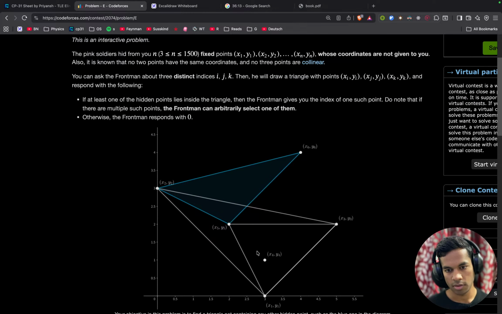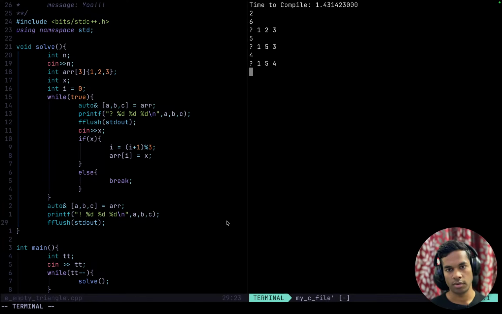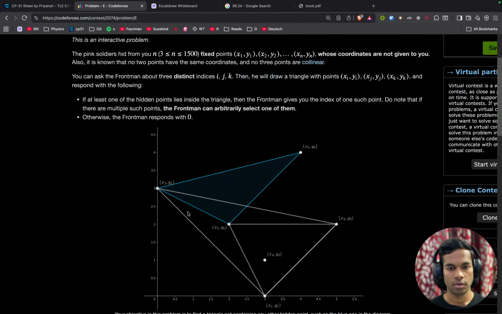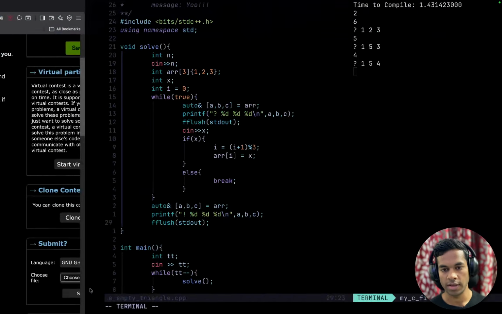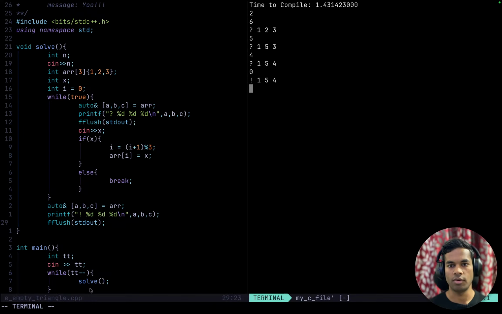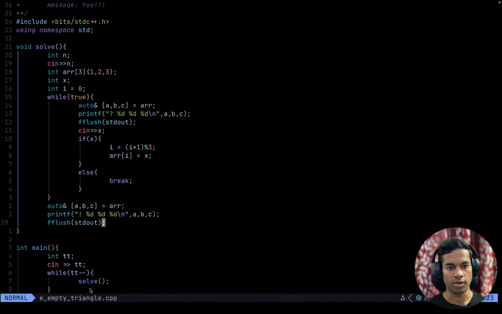There is only one between them, which is 4. Now 1 5 4, nothing in between them, 0, bingo, 1 5 4. And we have to now output 4 for the next test case. Let's say 0 and finish.